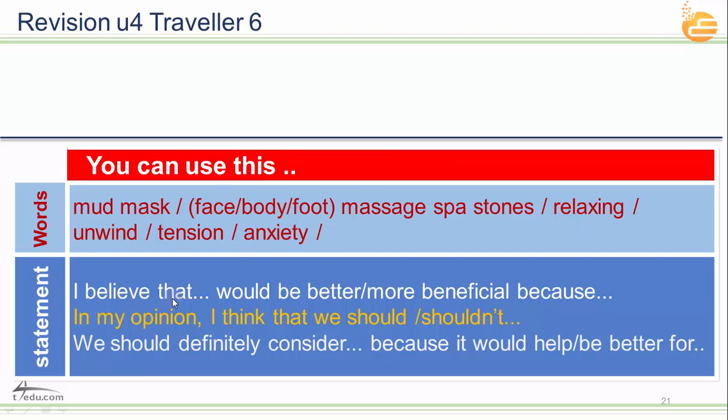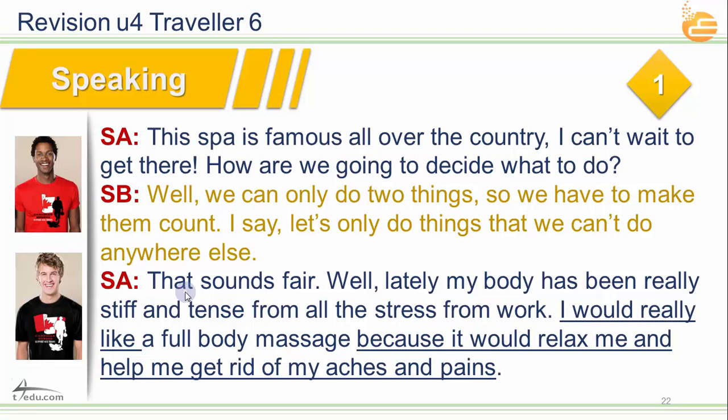And you can say, I believe that going to a gym would be better and more beneficial because in my opinion, it offers different things at the gym. Also, there's a spa where you can do one, two, three. This is how you count the positive and beneficial things that you want to convince others with. Here is a sample example of a speaking.